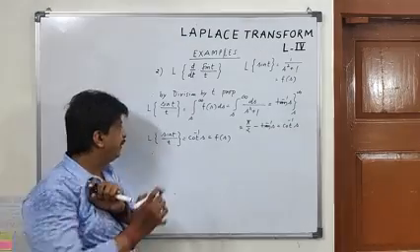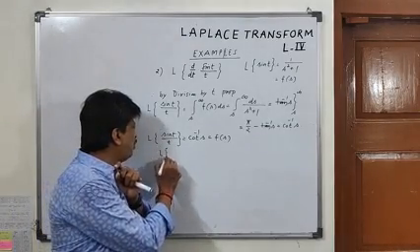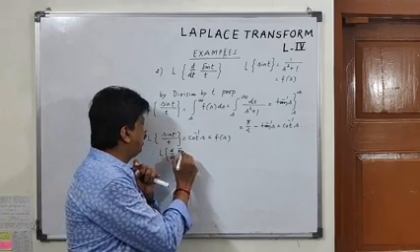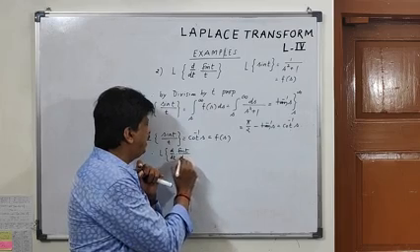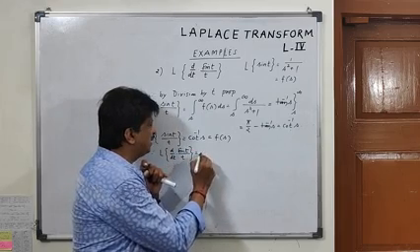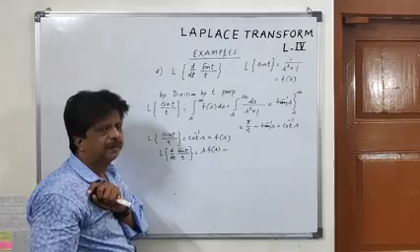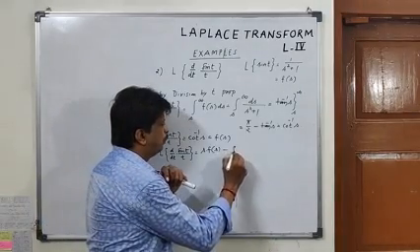The Laplace transform of d by dt of sine of t by t, the formula says, is s into F of s minus f of 0.